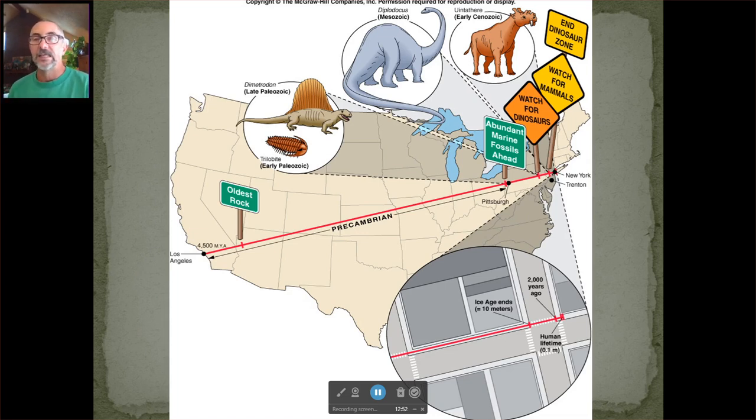Many of the things that we see happened sometime in this timeline, and very few of them happened in the last 100 or the last 2,000 years as far as geologic things are concerned. You may have seen this presented another way: if Earth's history was a day, then everything that humans did comes in the last 3 seconds of that 24-hour day. But all the geologic stuff happens sometime in those other hours.